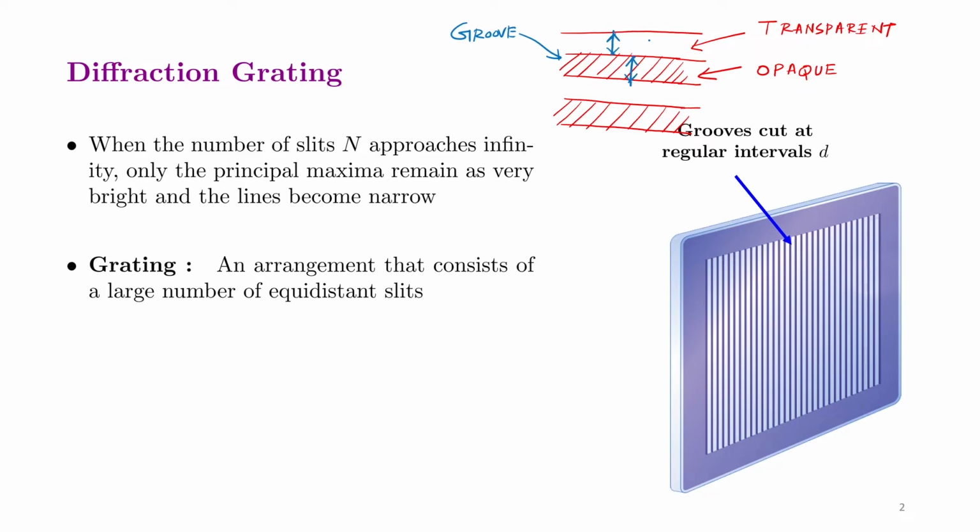The places where the grooves appear will be opaque and the adjacent spaces will be transparent. So a grating is basically an arrangement of transparent and opaque spaces. Let us assume that the width of the transparent space is a and the width of the opaque space is b. In that case, d will be equal to a plus b.